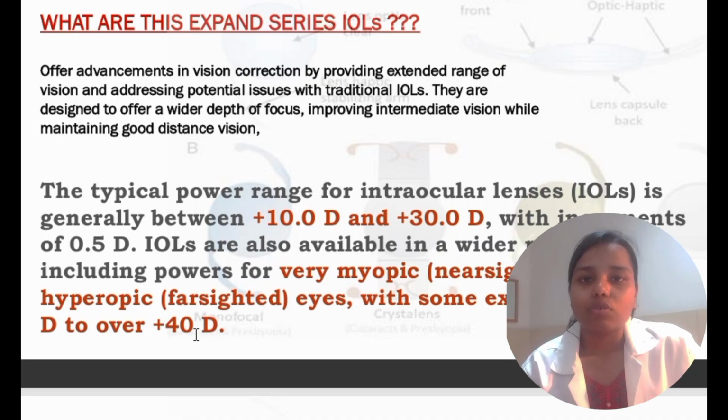So the specialized IOLs not in the range of 10 to 30 are called the expand series IOL. You got it? I think this is the easiest way I can explain. If anyone has any doubt, they can tell me in the comments.